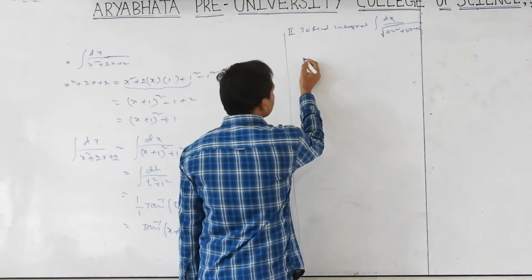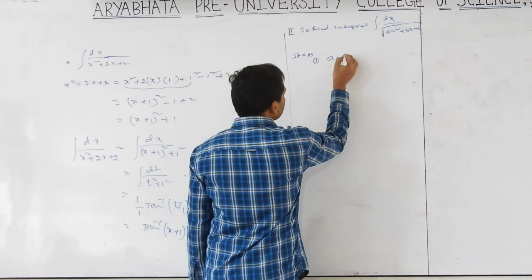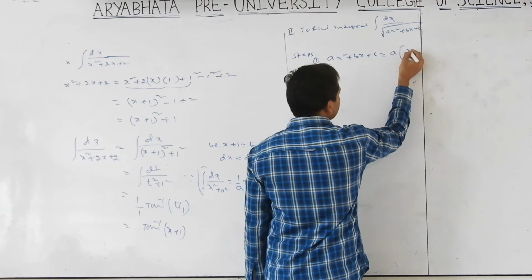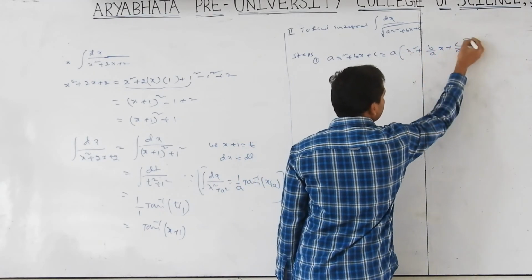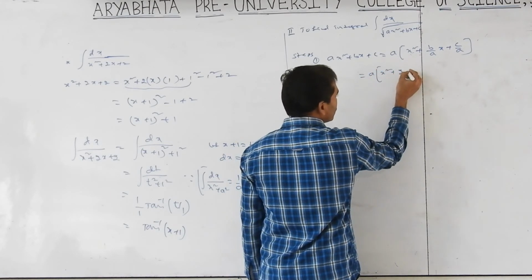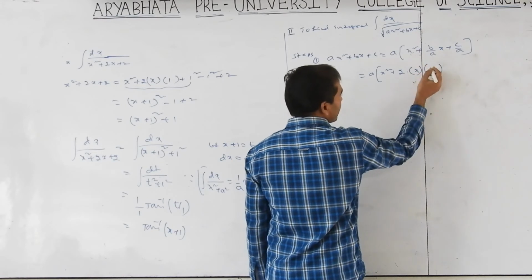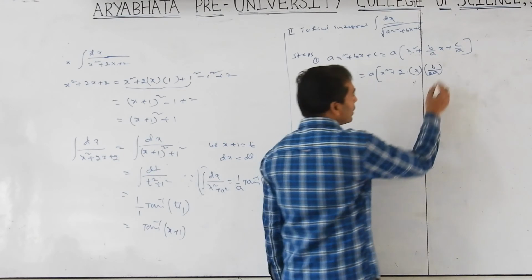What to do? First step: ax square plus bx plus c. First take a common: x square plus b by a x plus c by a. x square plus 2, a is x, and b by 2 how much?